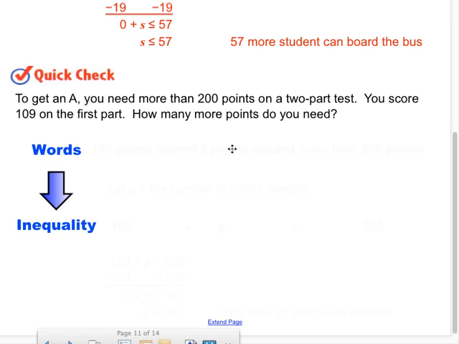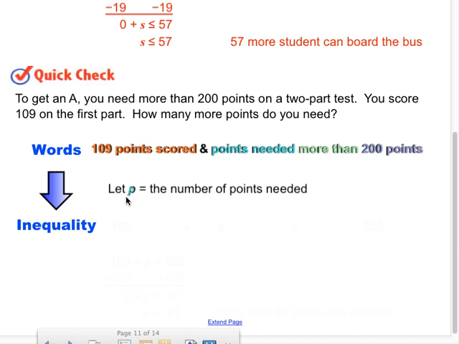Here's what we got. You got 109 points, right? Plus the points you need has got to be more than 200 points, right? Okay. Now I'm going to go ahead and say for my variable p for points. So what is my inequality going to look like, Joel?